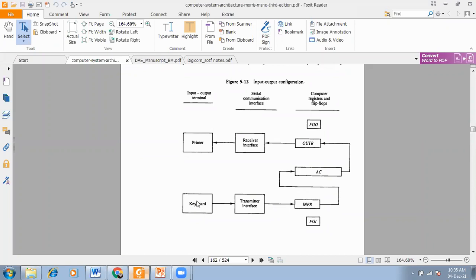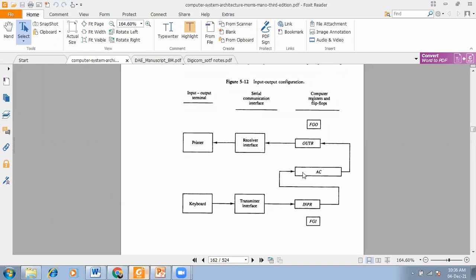That means the data which is coming from the keyboard goes through this serial communication interface to the input register, and then from this input register, data will be moving to the accumulator. There is a serial communication from keyboard to the input register.